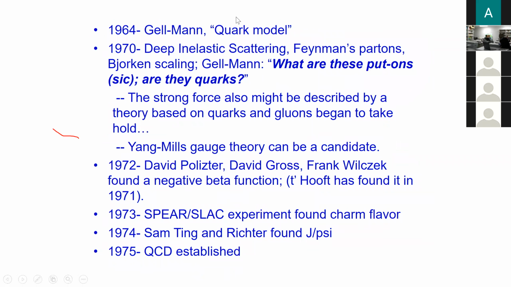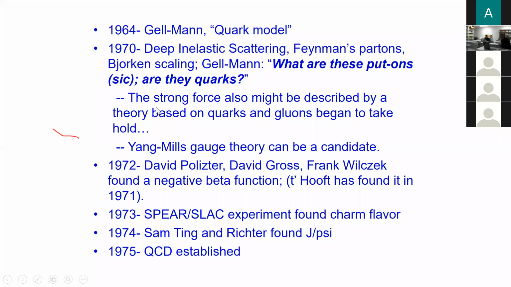Well, this is a brief history since the quark model was discovered, and then later we recognized, by deep inelastic scattering, that the quark itself is not just the constituents. There are actually many quarks inside the hadron, depending on the energy scale we're talking about.